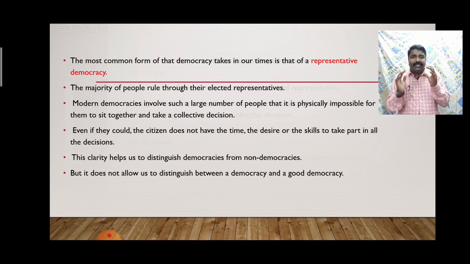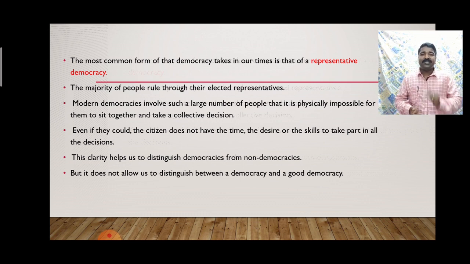This clarity helps us distinguish democracies from non-democracies. Now we have clarity. We understood the meaning of democracy, its functions, and also representative democracy. Now we can distinguish democracies from non-democracies.